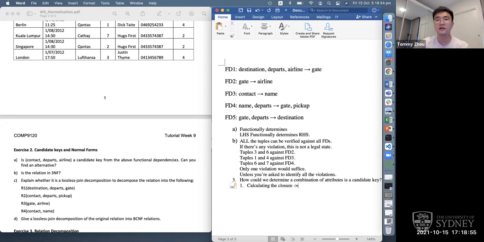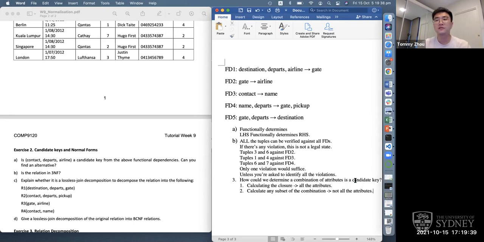So what we are trying to find is that by calculating the closure of the combination, we can find all the attributes. If we can't, that means it's not a super key, at least. Second step, we're going to calculate the closure of any subset of the combination. What we are trying to find here is that they shouldn't find all the attributes.